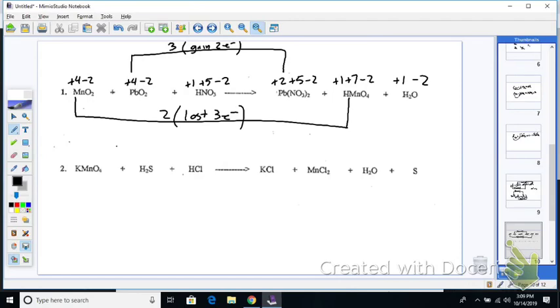Which means if you put them on the left side, can you put them on the right side to balance them out? So if I put a 2 in front of manganese, can I put a 2 in front of HMnO4 and they balance out? And the answer is yes. The manganese will balance out. I put a 2 there, and a 2 there, and the manganese balance out, right?